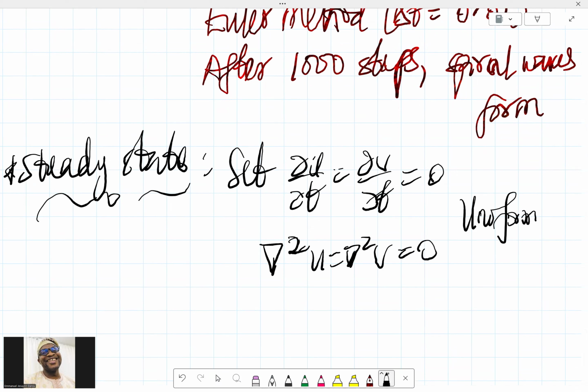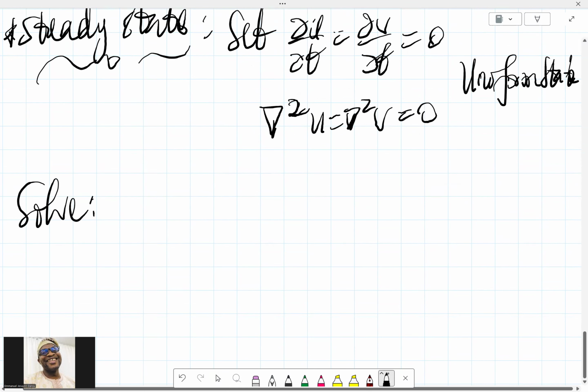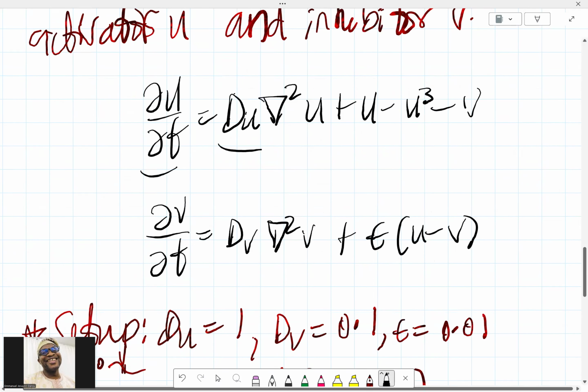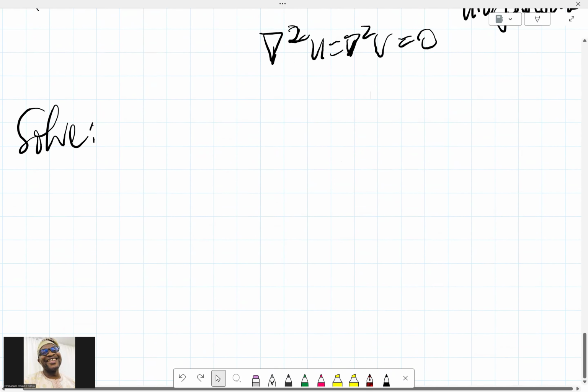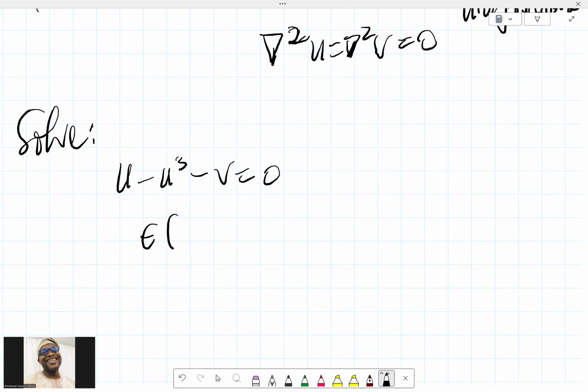So any derivative there just goes to 0 for a uniform state. So if we want to solve now, looking at the original setup, all this will go to 0, and this is what we have left. So we want to solve U minus U cubed minus V equals 0, and then solve that together with epsilon into U minus V equals 0.